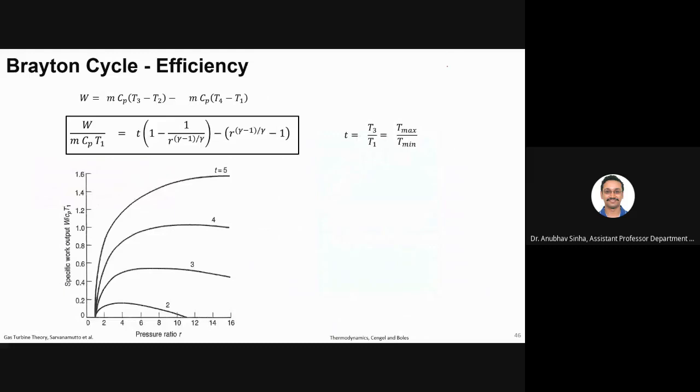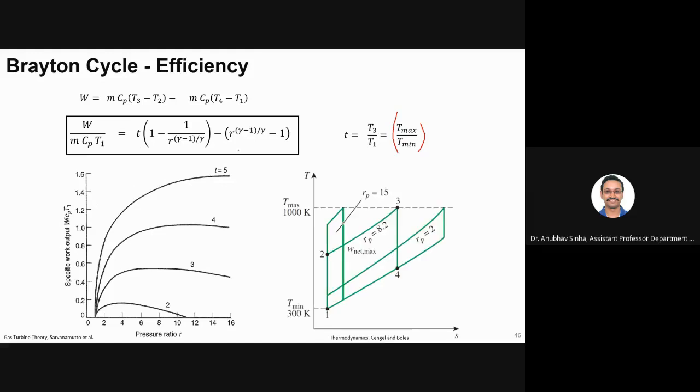Similarly, there is one factor, let us say small t, which can be defined as the ratio of maximum and minimum temperature. If we vary that t, we can see that the specific work done also changes. Okay, so let us look at it in the figure.